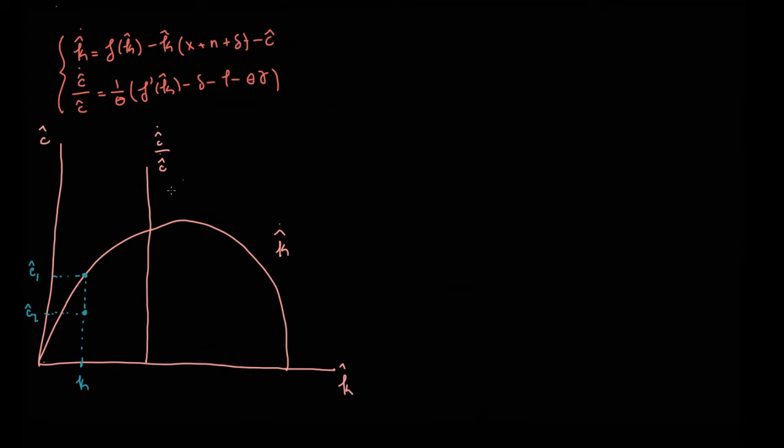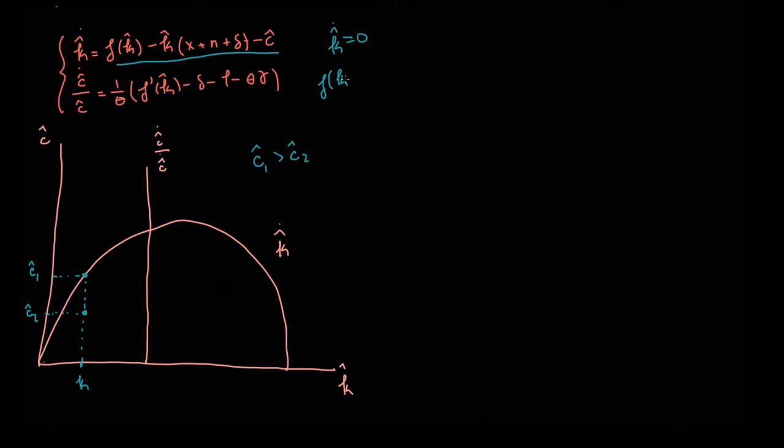And we can compare which one is bigger than which by plugging them into the K hat equation in steady state when K hat dot equals 0. We know that K hat dot equals 0, and we know that C hat 1 is greater than C hat 2. So let's just plug them in.